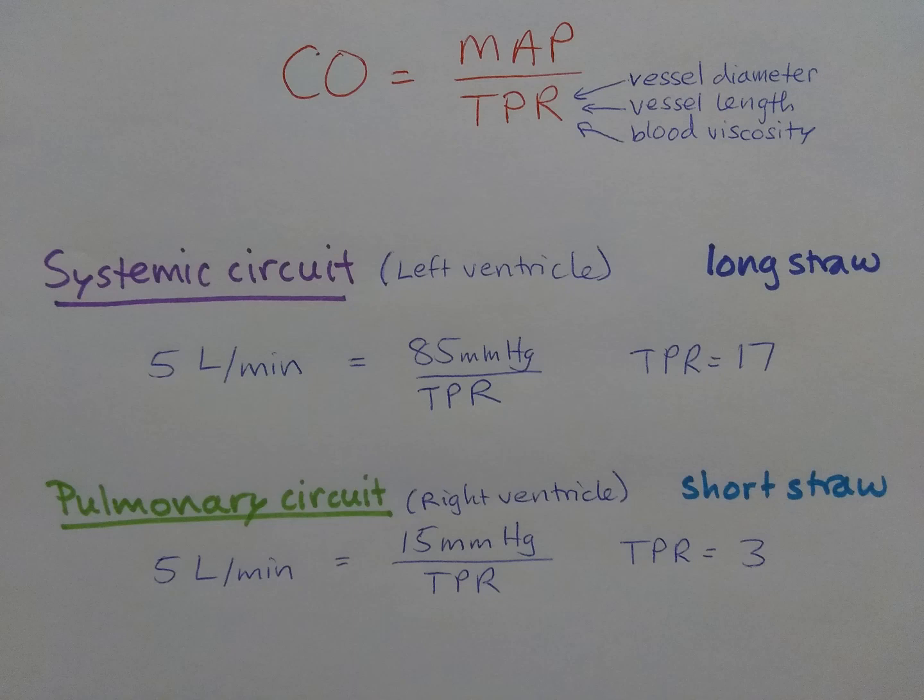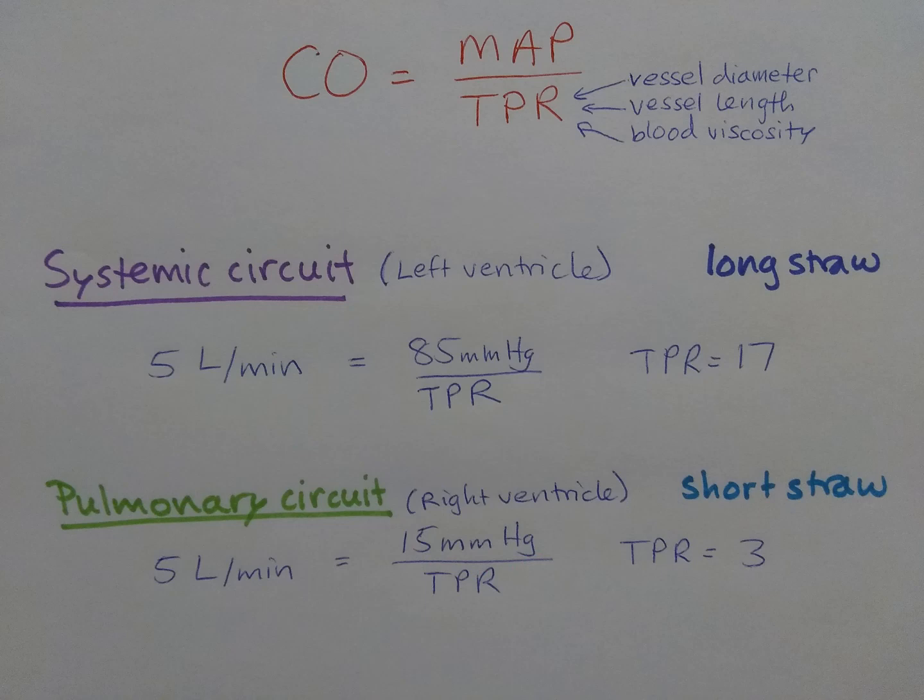But notice that the mean arterial pressure in the pulmonary circuit is only 15 millimeters of mercury. The pressure is much smaller because our resistance is much lower. The resistance in the pulmonary circuit is only 3. So we don't have to generate as much pressure to get the blood around the pulmonary circuit because that's the short straw.